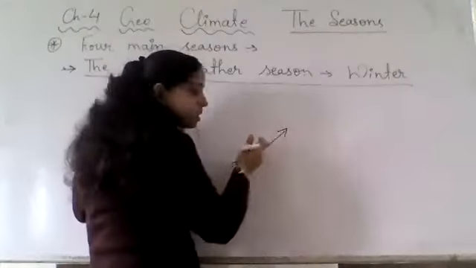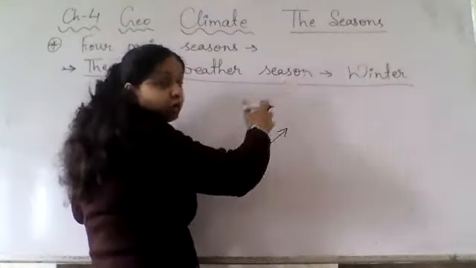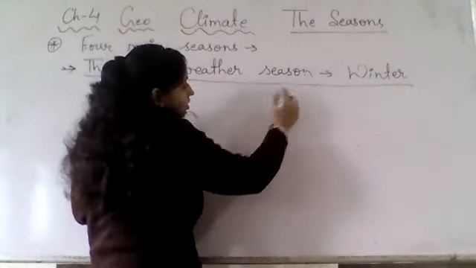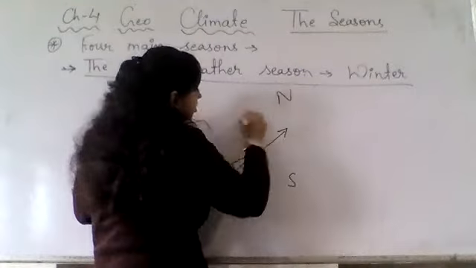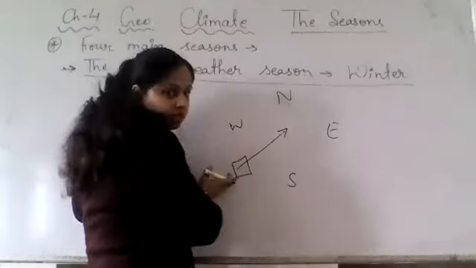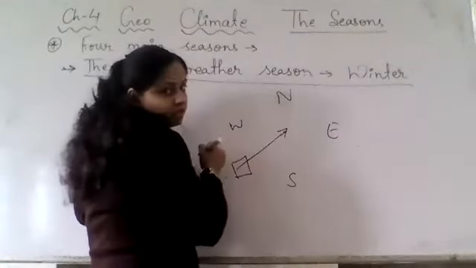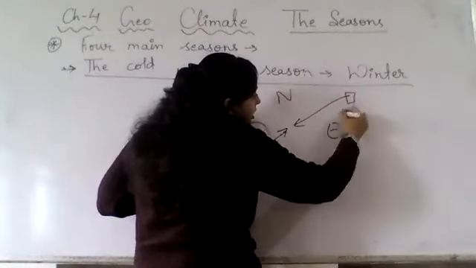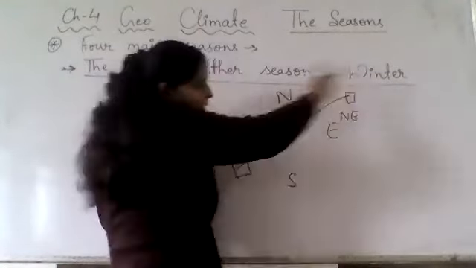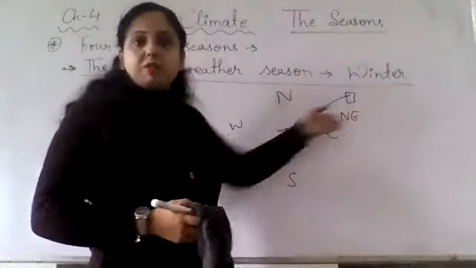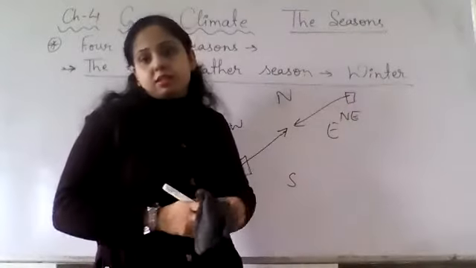Among north, south, east, west, it is blowing from south, west. So that is why it is southwest. And when it blows the other way, it will be called northeast because it is coming from northeast.